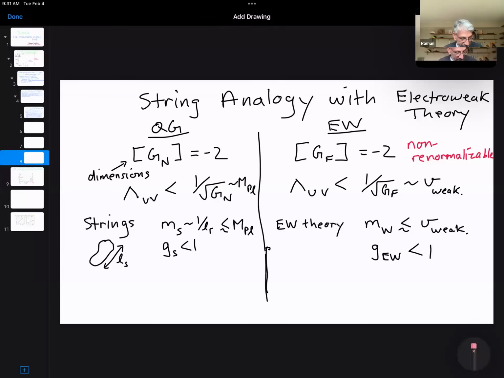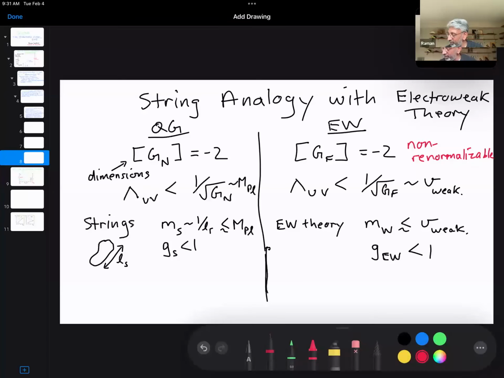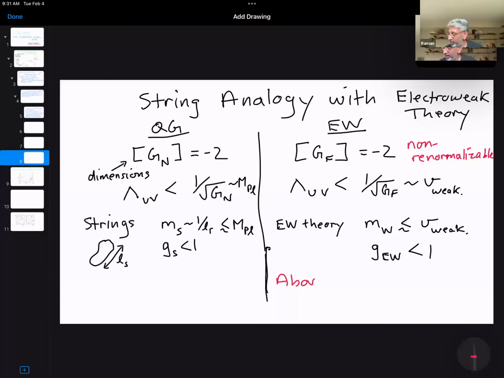Okay, and now there's one place where there's a distinction, so I'll write that in red in this analogy. Above M_W, there are shorter distances. So the concept of distance makes sense in the electroweak theory to arbitrarily short distances.